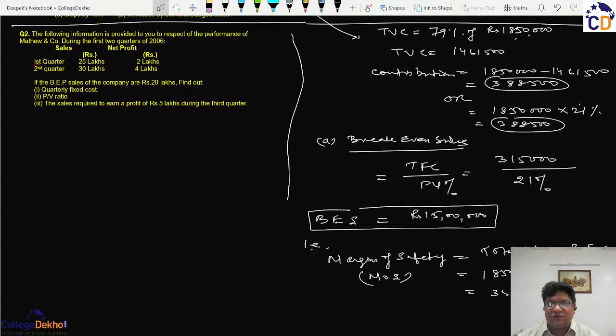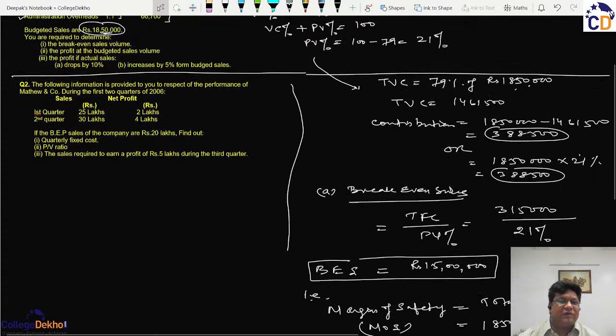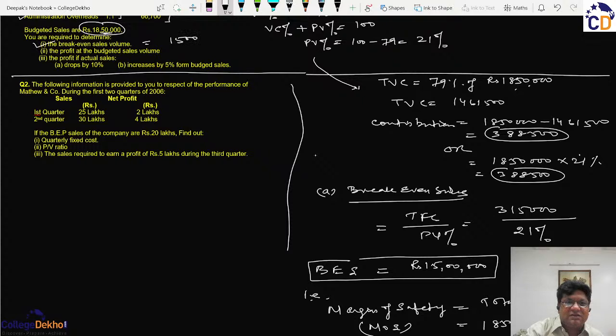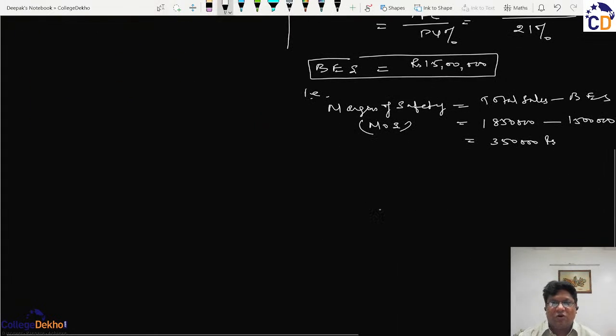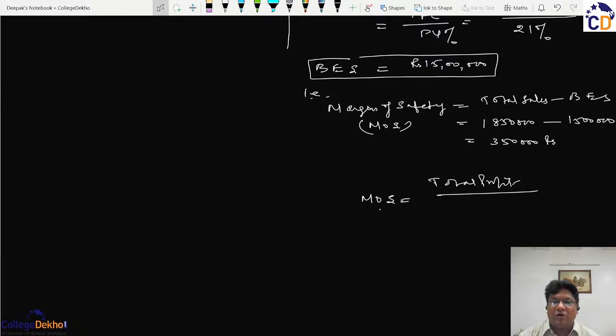Therefore, the margin of safety will be 3 lakh 50,000. So the answer here is that the break-even sales is 15 lakhs. But because we have to arrive at the profit, we all know that margin of safety is equal to the total profit divided by PV ratio.